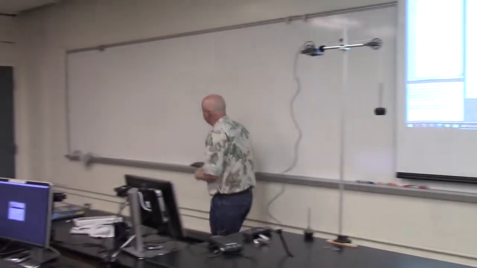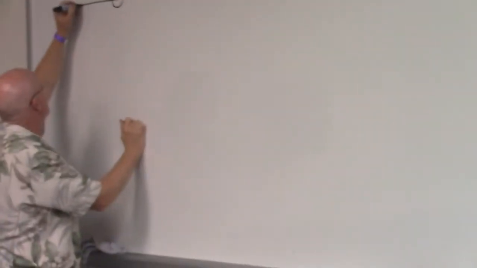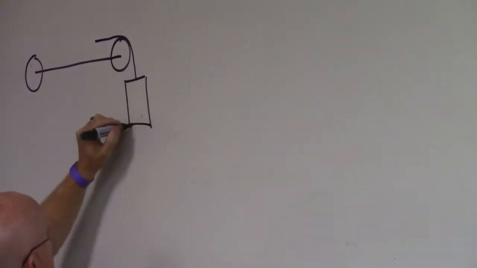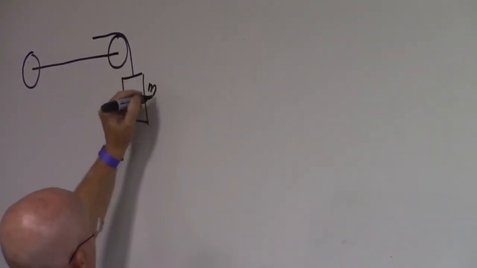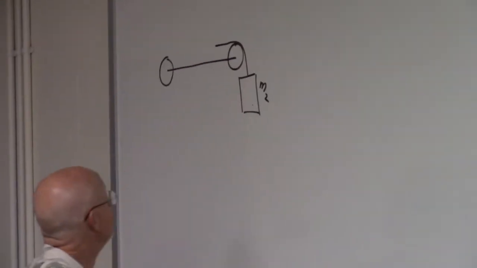Now let me draw a picture first. So if you noticed, there were 2 pulleys and then a string that came to the heavier one. Let me call it M2.